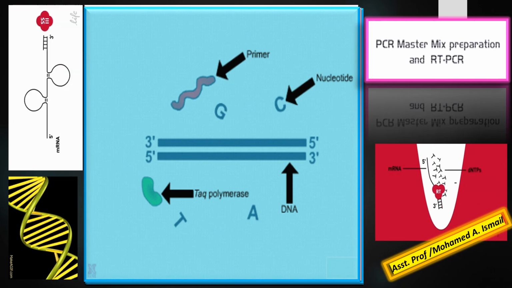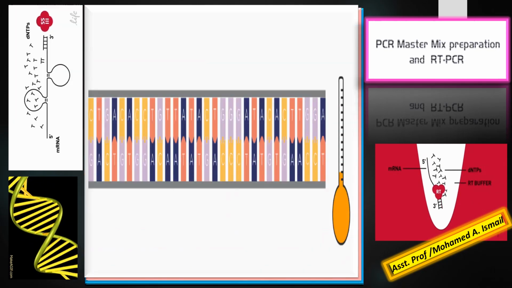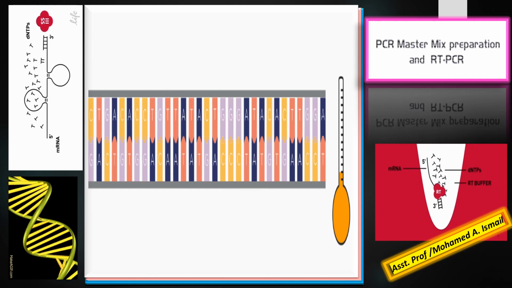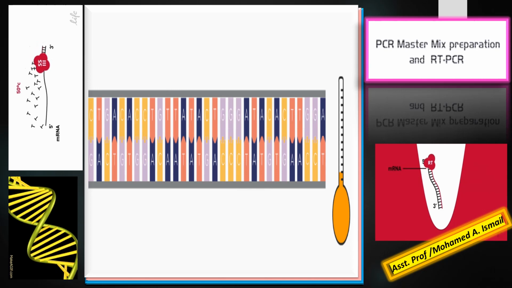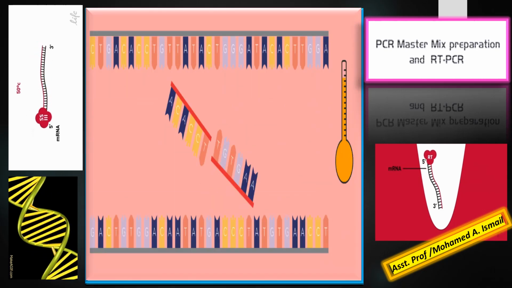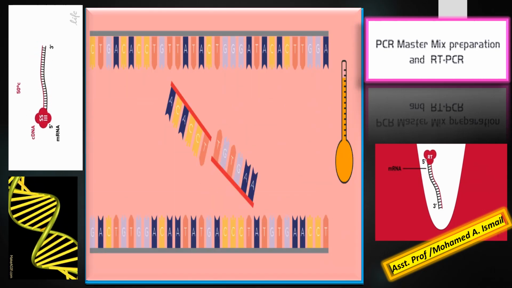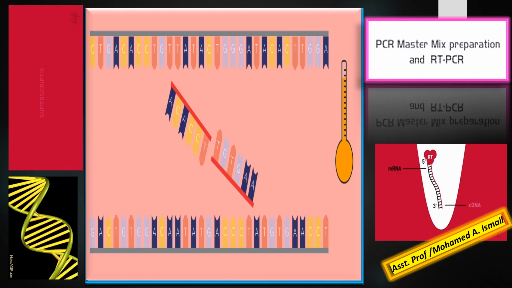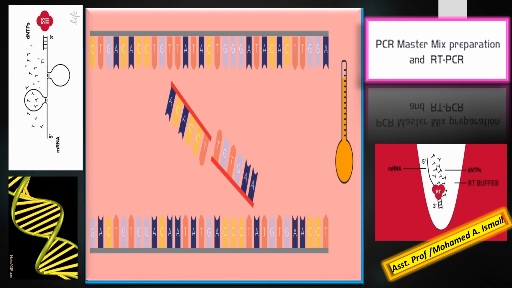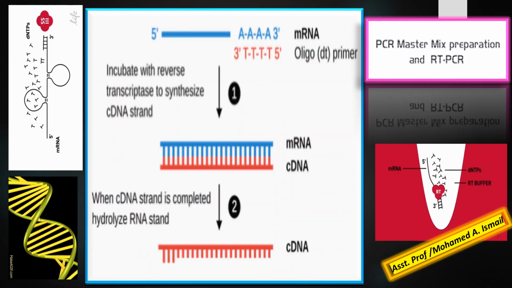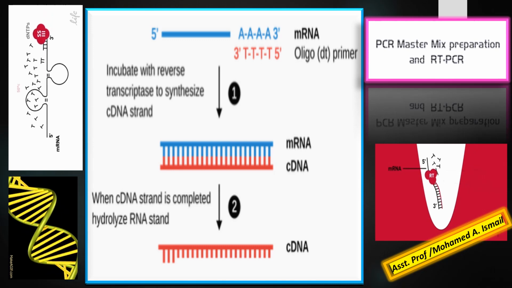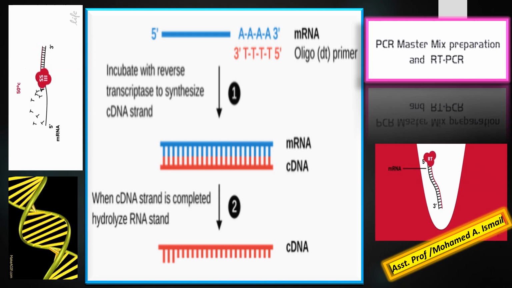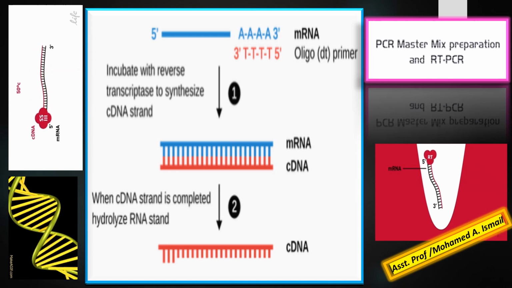In the steps of the RT-PCR protocol, the reverse transcriptase enzyme is required to produce cDNA, complementary DNA, from RNA. When all reagents are included in the mix, vortex the tube to mix them and spin it briefly.